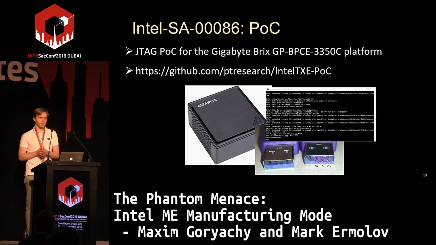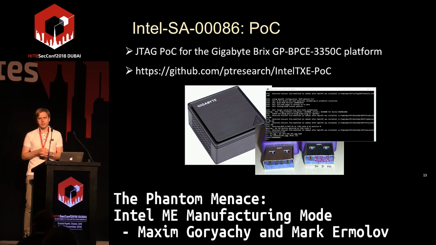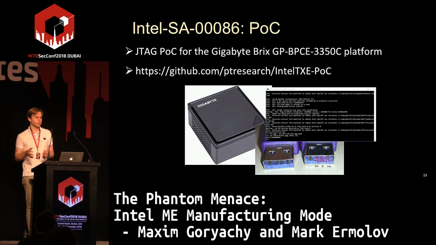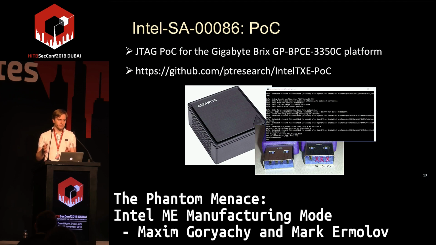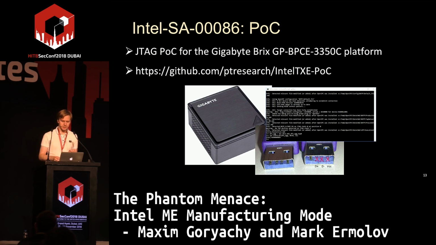And if you want to play with ME, on our GitHub you can find a step-by-step instruction for exploiting this vulnerability on the Gigabyte Brix platform. Also, you can activate JTAG for the ME core, and it gives you access to internal memory and internal devices in the PCH, for example access to internal buses such as IOSF, such as primary PCI, and many others.